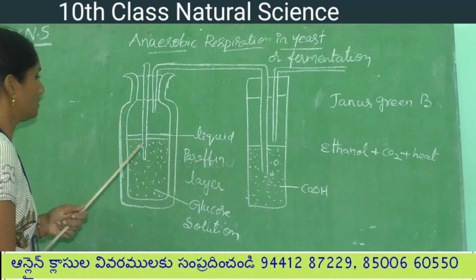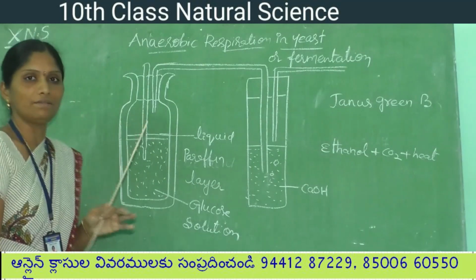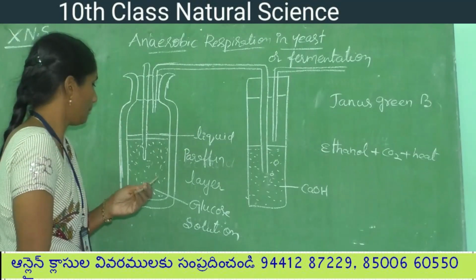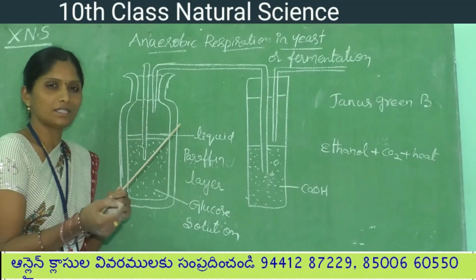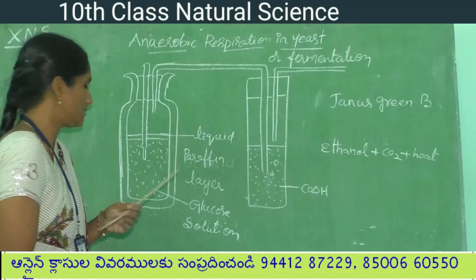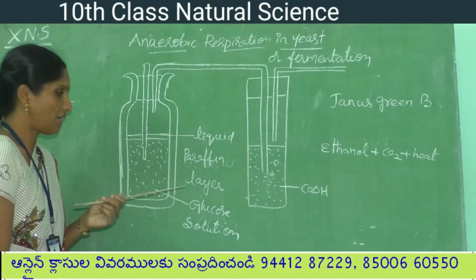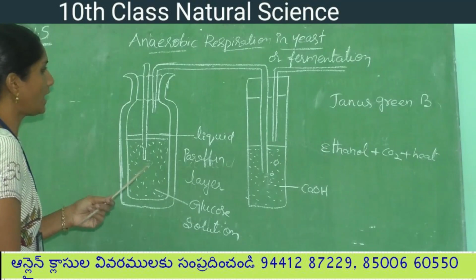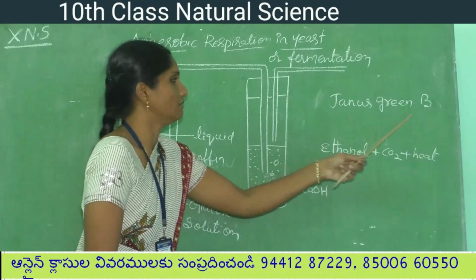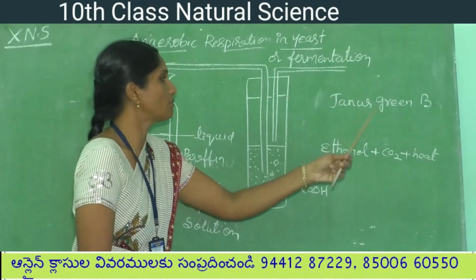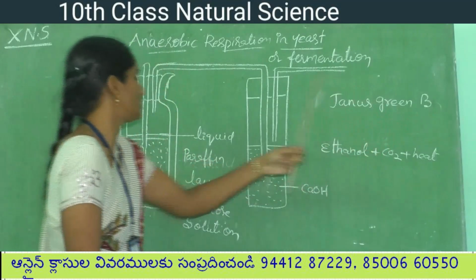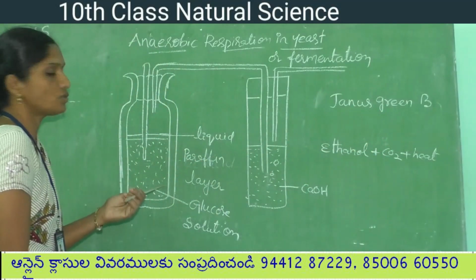And the third step is, if a small quantity of oxygen is still dissolved in the glucose solution, we have some doubt. In that case we add a few drops of Janus Green B solution to the glucose solution.